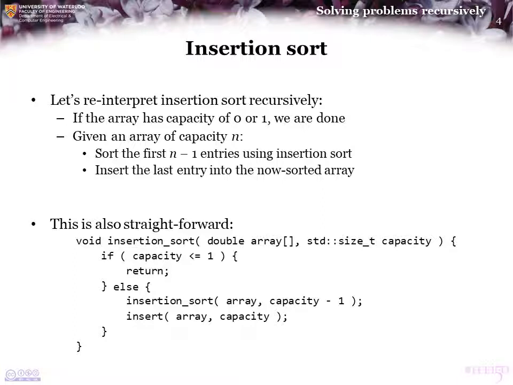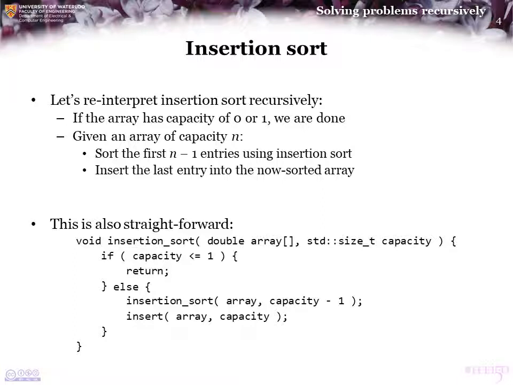Alright, so reasonably straightforward. How does this work on an array of capacity 4? We call insertion sort with a second argument 4. That calls insertion sort on an array of capacity 3, which then calls insertion sort on an array of capacity 2, which then calls insertion sort on an array of capacity 1.